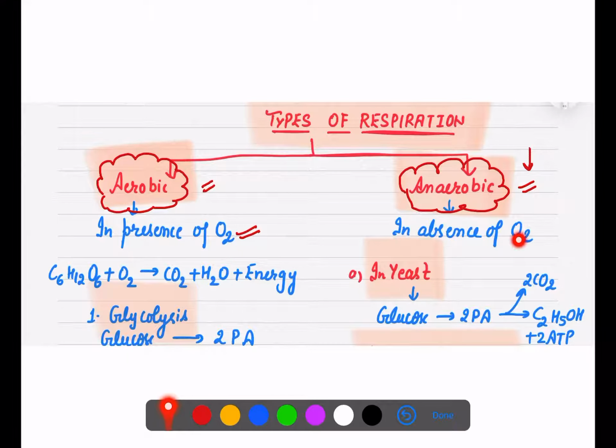Same in the absence of oxygen, in yeast, glucose will change into pyruvic acid. Pyruvic acid goes under decarboxylation, releases CO2 and changes into ethyl alcohol. The amount of ATP released here is 2 ATP molecules.